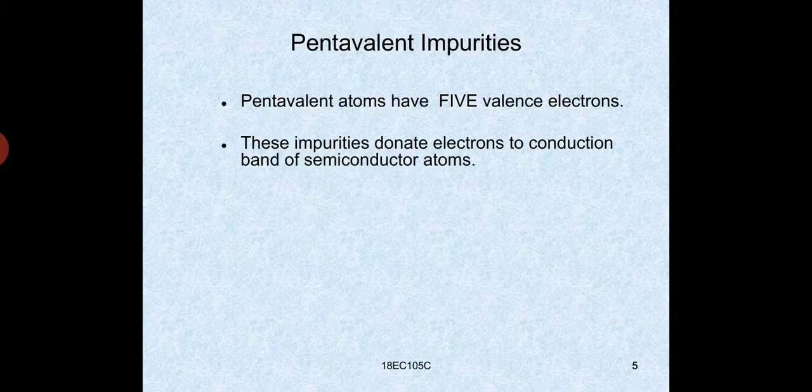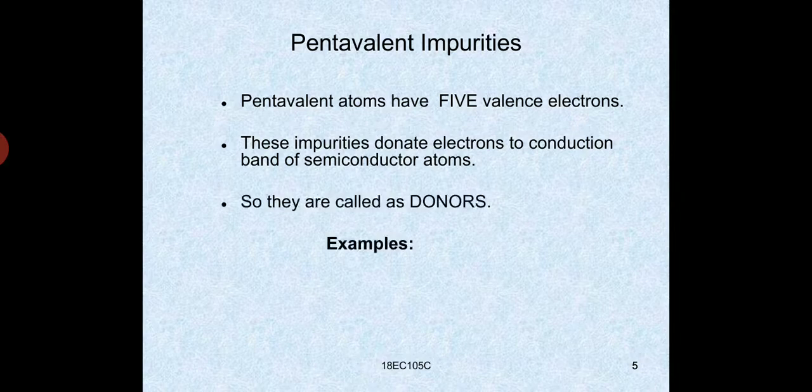These materials will have the capability to donate electrons to the conduction band of a semiconductor atom. And because they are able to donate electrons, they are also called donors or donor type of materials.